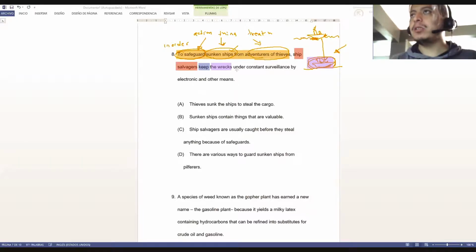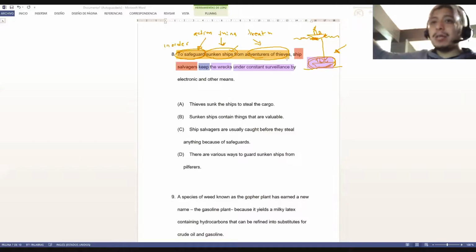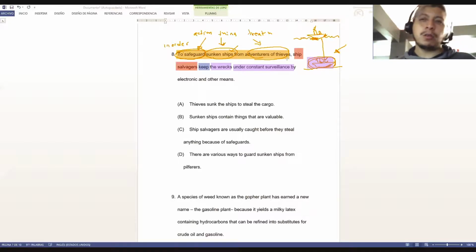These ship salvagers keep the wreck under constant surveillance. What is surveillance? A surveillance camera is a camera that you install outside of your house or your business or whatever. And it's not just to take pictures. It's not to take like good video. It is for security. It's just to check everybody passing.